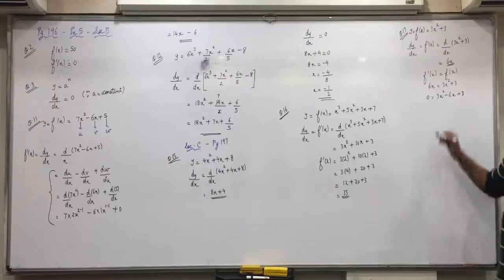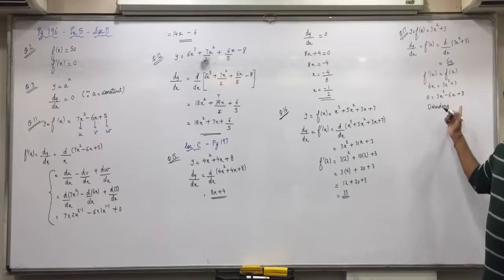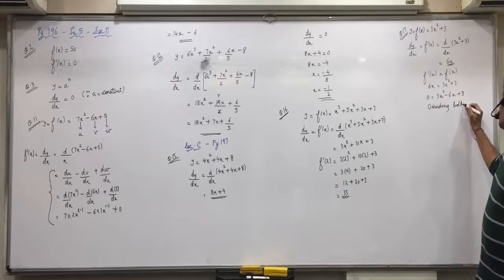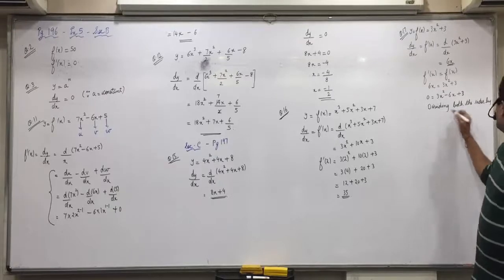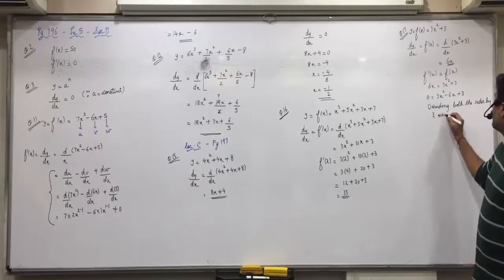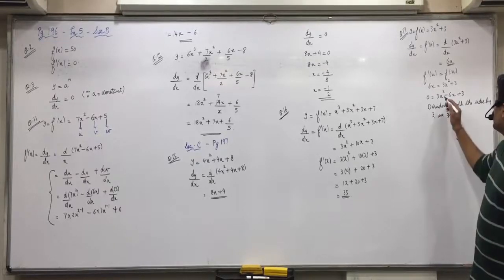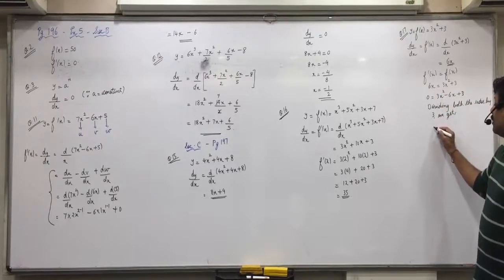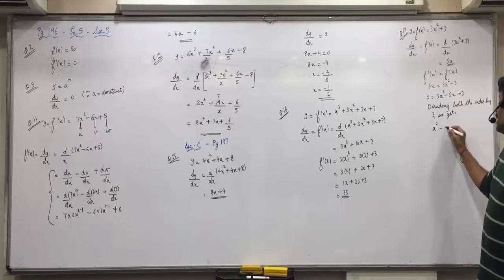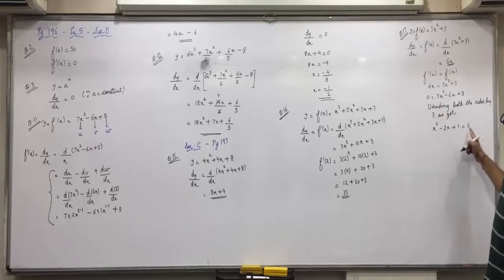Can we divide all of them by 3? Dividing both the sides by 3, we get, so I am writing the right side on the left and left on the right. What is 3x square divided by 3? x square. Minus 6x divided by 3, minus 2x, plus 3 divided by 3, 1, equals 0 divided by 3, 0. Any confusion on this?